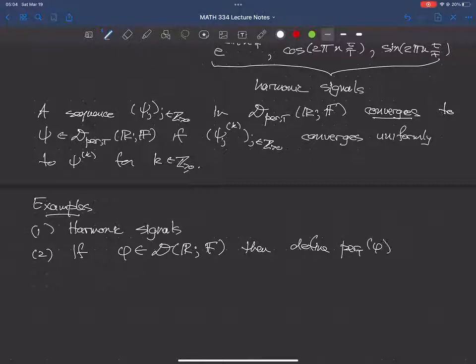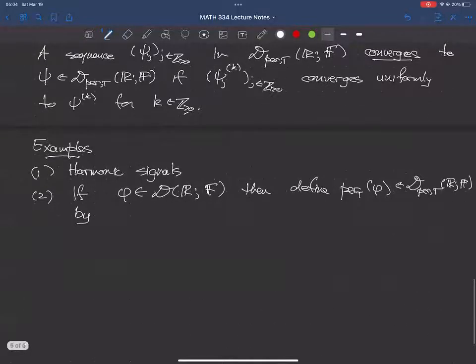The periodization is going to play a very interesting role in Fourier stuff. So here's a first appearance of the notion of periodization. This is going to be a T-periodic test signal.